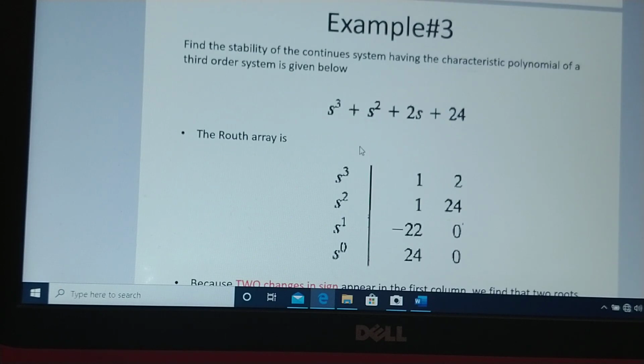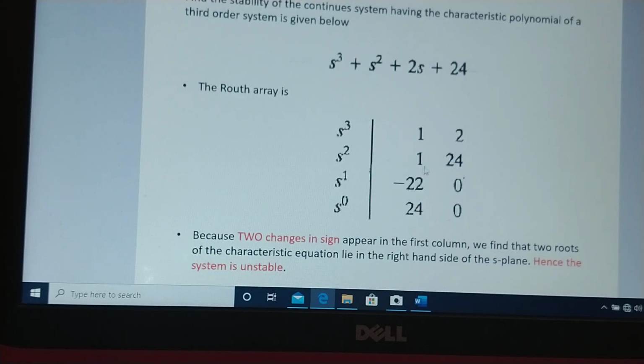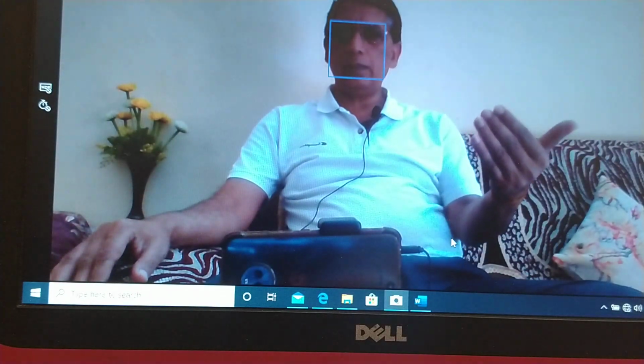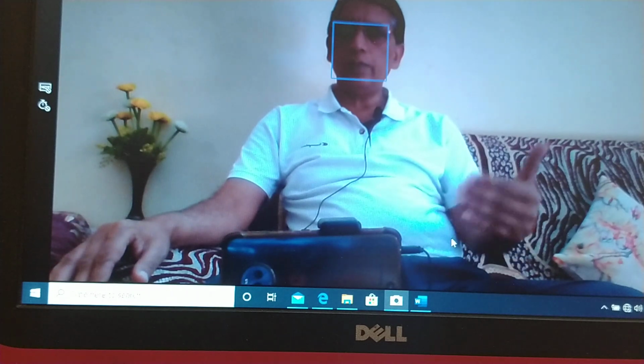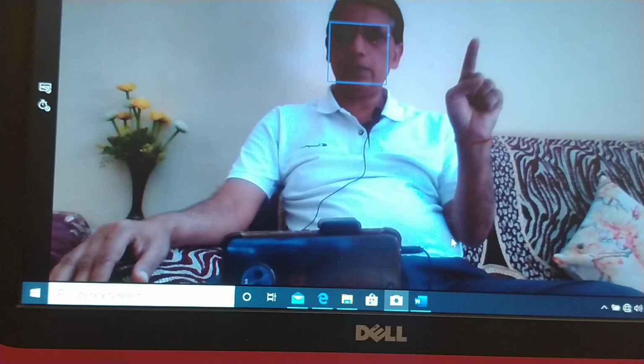Coming to example 3: find the stability of the system having a third order characteristic polynomial given below: s^3 + s^2 + 2s + 24. In the same way, students, for s^3 we have 1, 2, the odd coefficients, then for s^2 we have 1 and 24. But please see in this example, compared to the first example, there is only one negative sign coming.